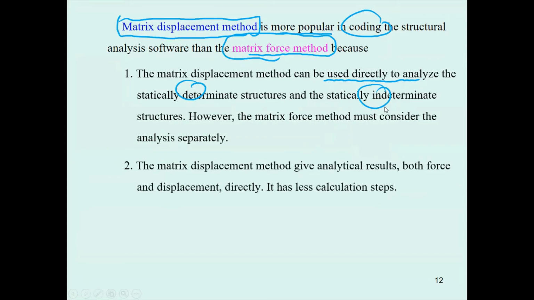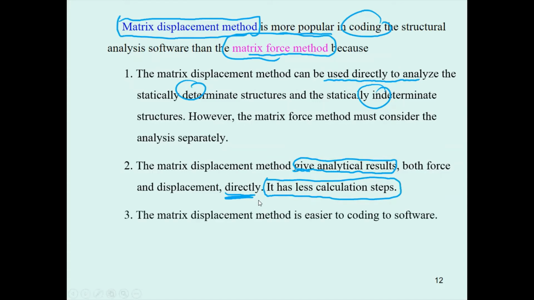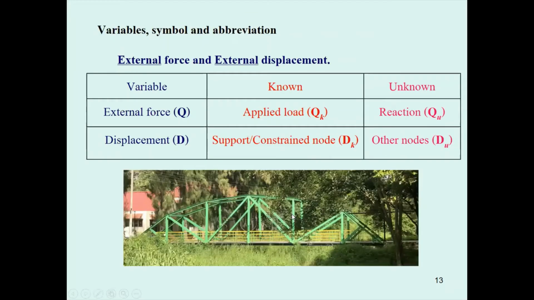Another thing is this method gives the analytical result directly, uses fewer computer resources, and needs fewer calculation steps. The last one is that it is easier to code the software. So most of the software we are talking about is going to be that.